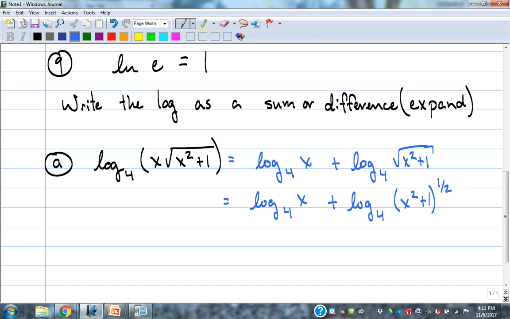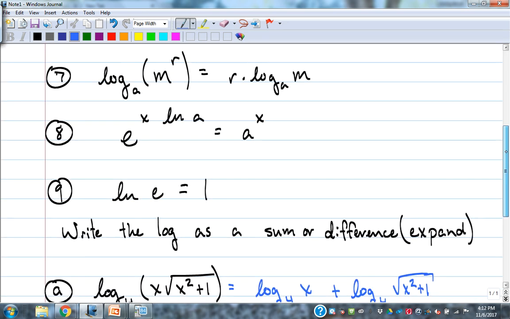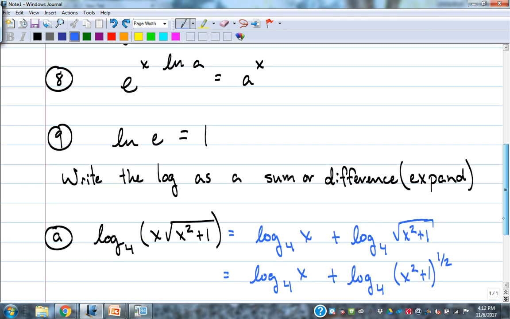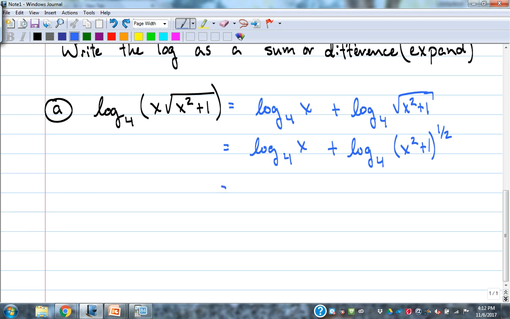And so here we have a log of something with an exponent on it. So I look at my properties, and I see this one right here that allows me to take that exponent and drop it down to the front for that particular log. So I'm using that property there, and I'm going to rewrite that as log base 4 of x plus, and then I'm going to pull that 1/2 down to the front: 1/2 log base 4 of x squared plus 1.